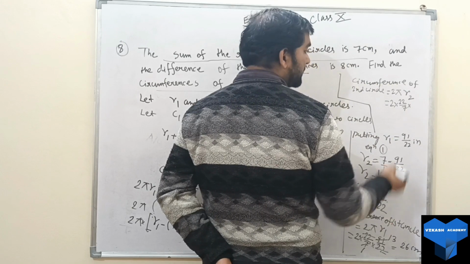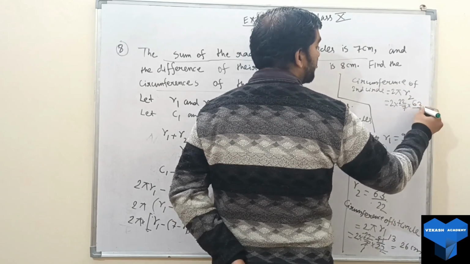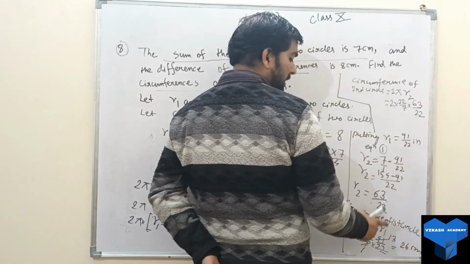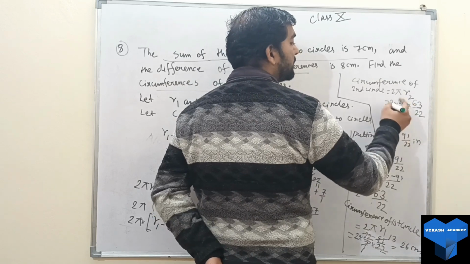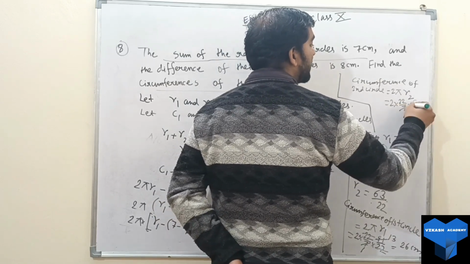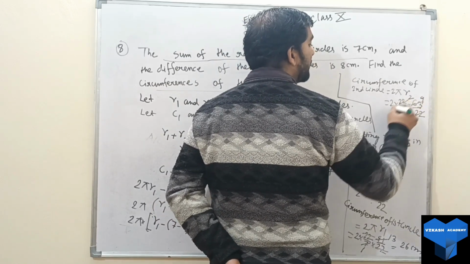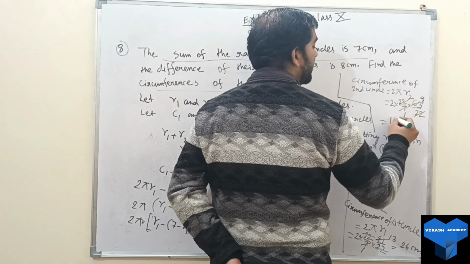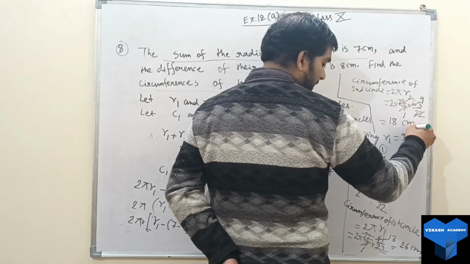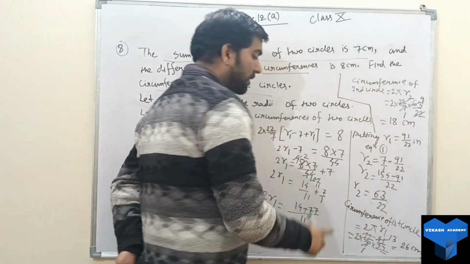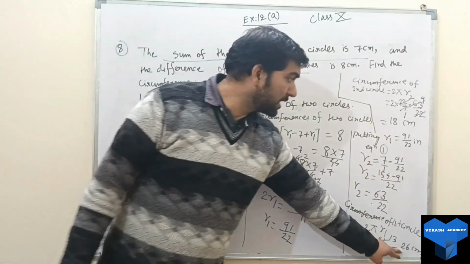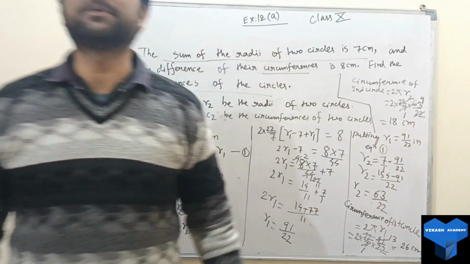R2 is how much? 63 by 22. Here you can see R2 is 63 by 22. Cancel, 7 ones are 7. 7 nines are 63. 2 and 2 cancel. So 9 twos are 18. So this will be centimeter and this is also centimeter. So our answer is 26 centimeter and 18 centimeter.